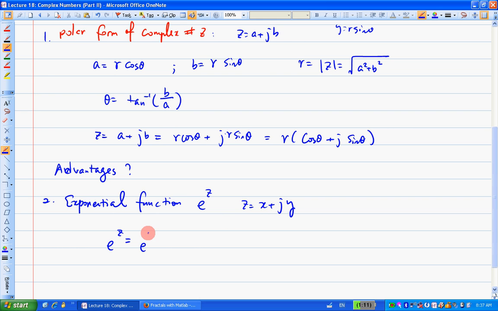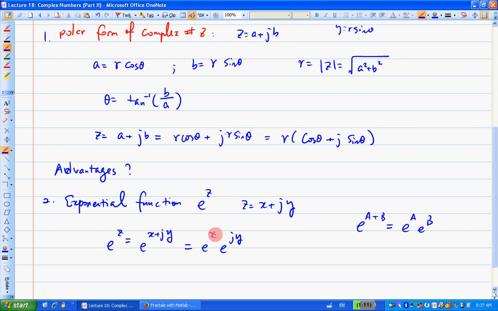So z is defined as this, so z must be this down here, okay? And we'll know that e to the power a plus b, which is what? Right? It's this, okay? So this must be this. And this is nothing new.